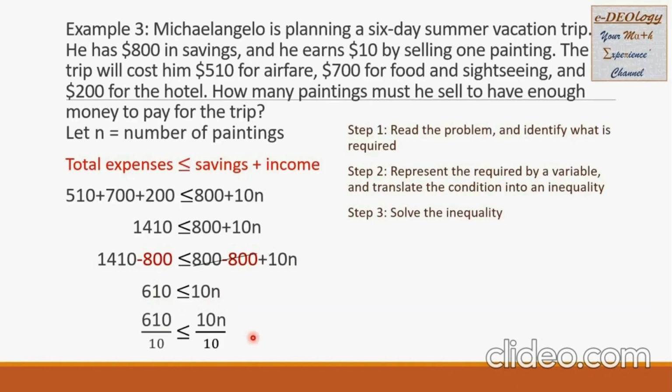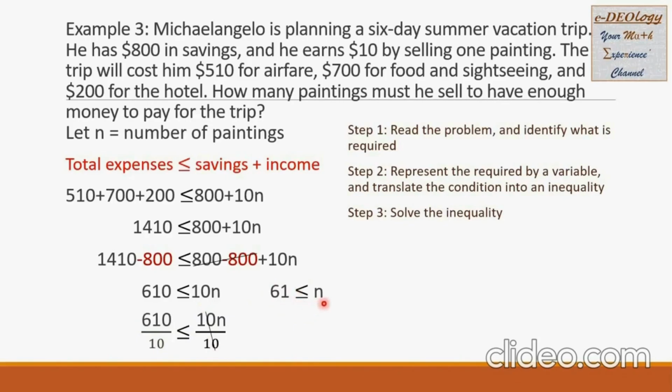So here it is now 10n over 10, and the left side also is 610 divided by 10. We cancel now the coefficient and the divisor. We have now the n. The left side now is simplified into 61. So our inequality is 61 is less than or equal to n.